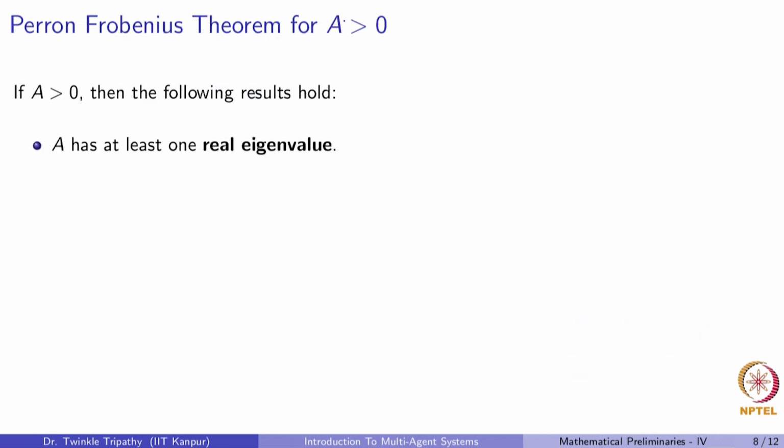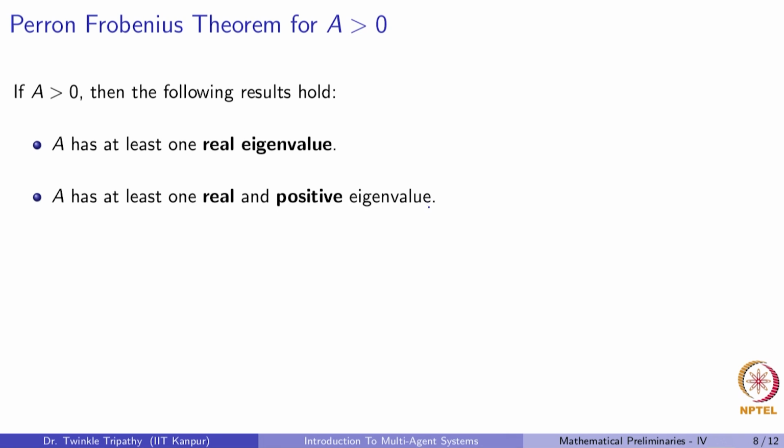Now the Perron-Frobenius theorem gives a lot of interesting spectral properties associated with positive matrices. So let us see what these properties are. If A is a positive matrix, then A always has at least one eigenvalue which is completely real. I don't want to say also, because sometimes we can have only one eigenvalue which is real and positive.